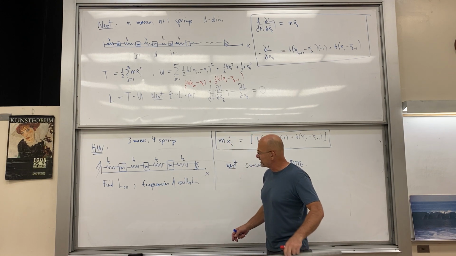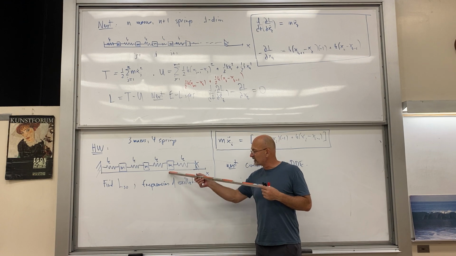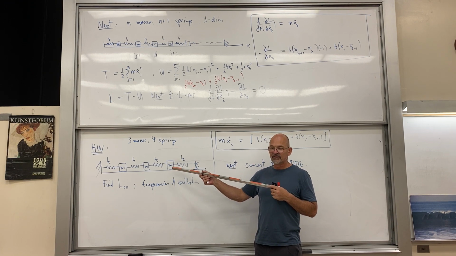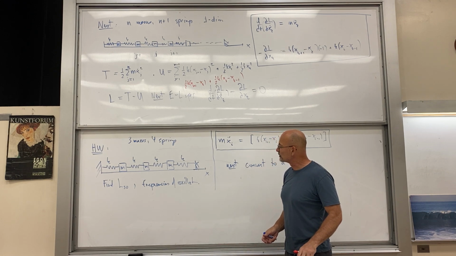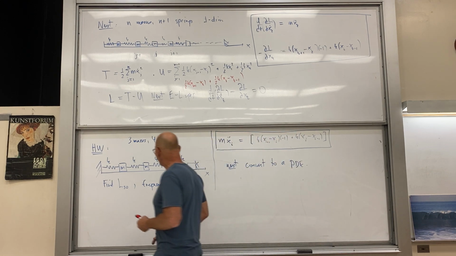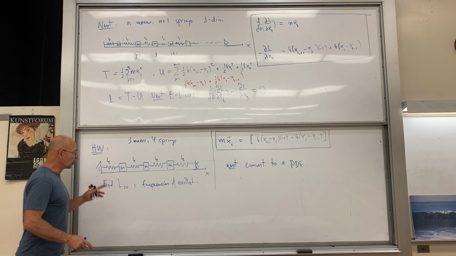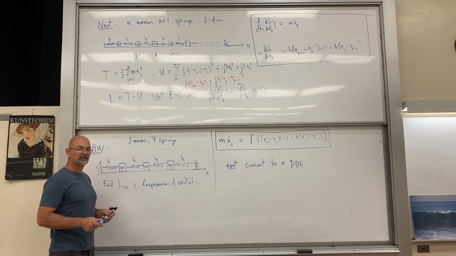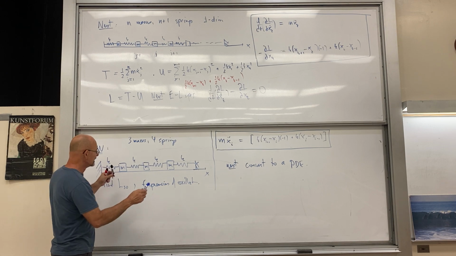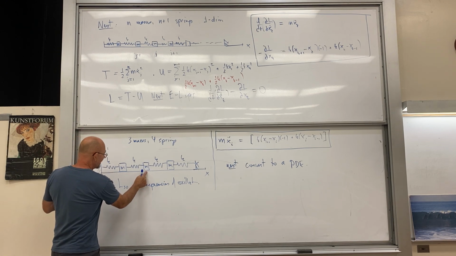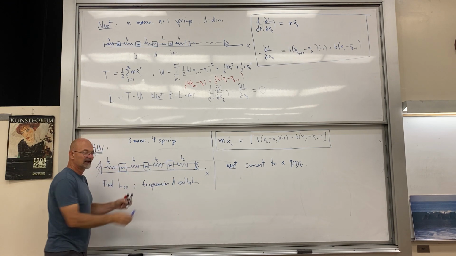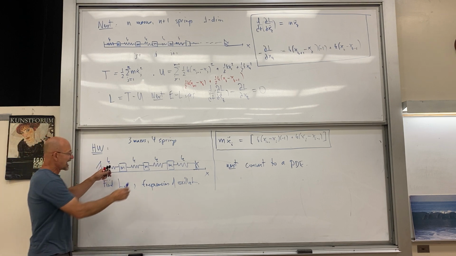I want to draw your attention to the physics here because we can guess one of the solutions at least. Okay, we can guess one of the solutions, namely one of the eigenmodes. You'll discover it would be if this mass were at rest and these two were oscillating out of phase.